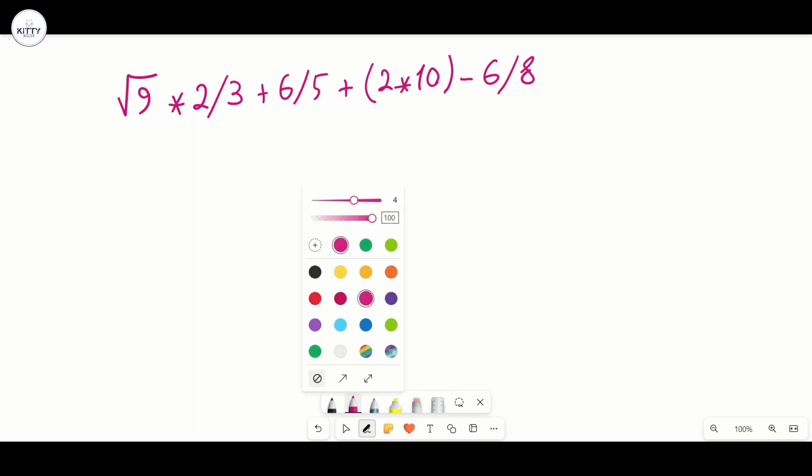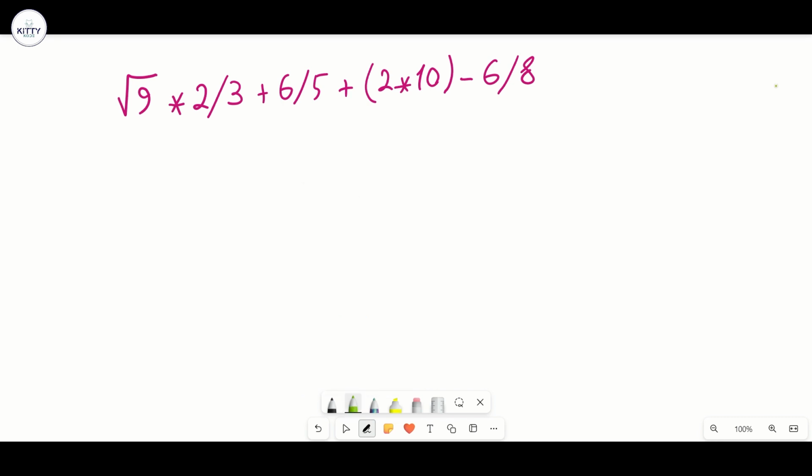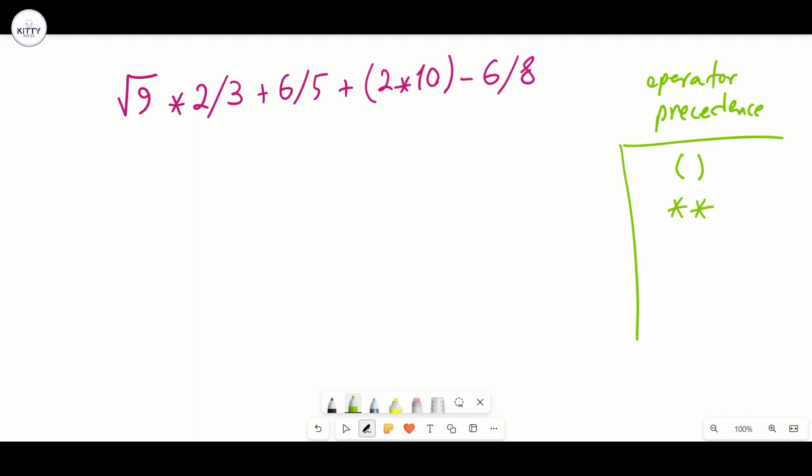Here you should be careful about operator precedence. I will write it here: operator precedence. We have many operators, but these are just the common ones. Parentheses, then the exponentiation operator, then multiplication, division, mod, and floor division, and the last two, plus and minus.